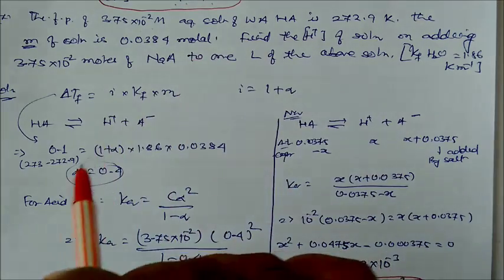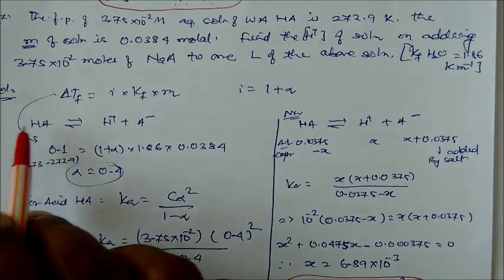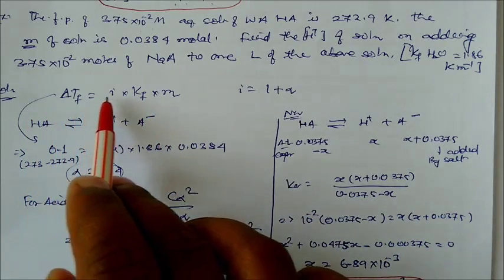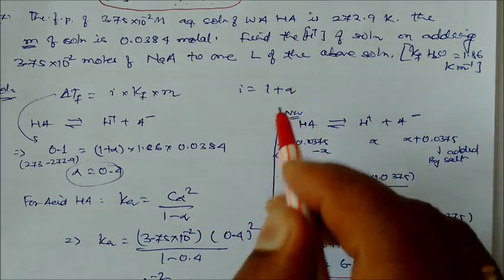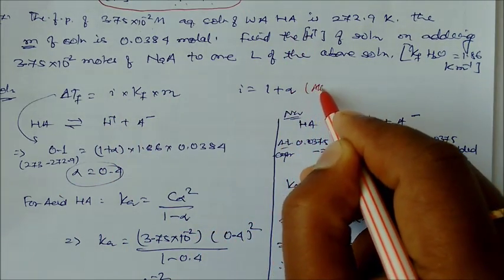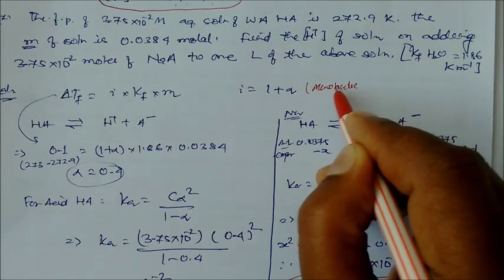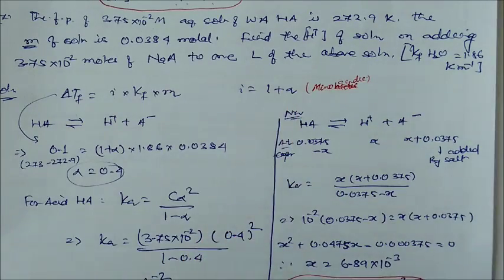First we have to find the degree of dissociation of the weak acid. How to find it? Using the formula from the liquid solution, delta TF equals i into KF into m. This is a monoacidic acid, so we can write i equals 1 plus alpha.